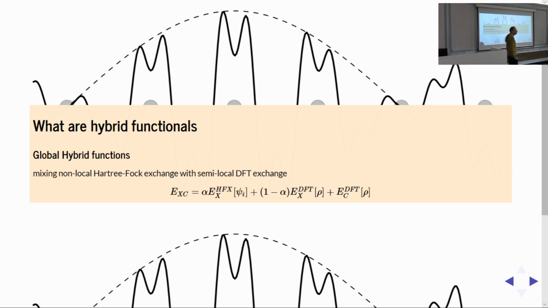That was the big advantage of DFT. We threw away all the wave functions, more or less, and just relied on the density of the electrons. And there's this 1 minus alpha, where alpha is the fraction of Hartree-Fock exchange that we're going to put into our hybrid functional. So there's 1 minus alpha, and then there's this exchange part of the conventional DFT.